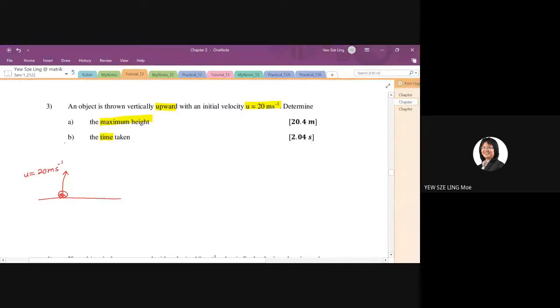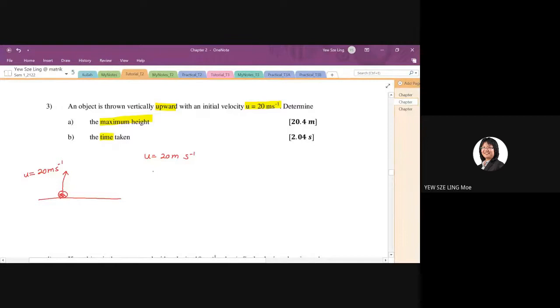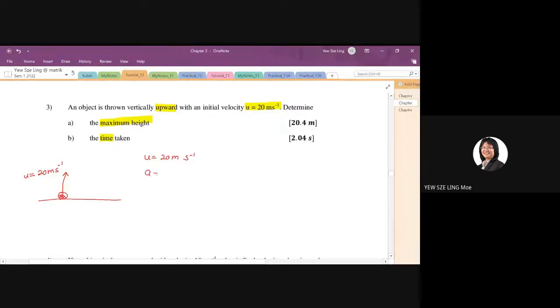The question asks you to determine the maximum height. So let us list down the information that we have first. u is equal to 20 meters per second, a positive value because it's going upward. And a in a vertical motion is always negative 9.81 m/s².